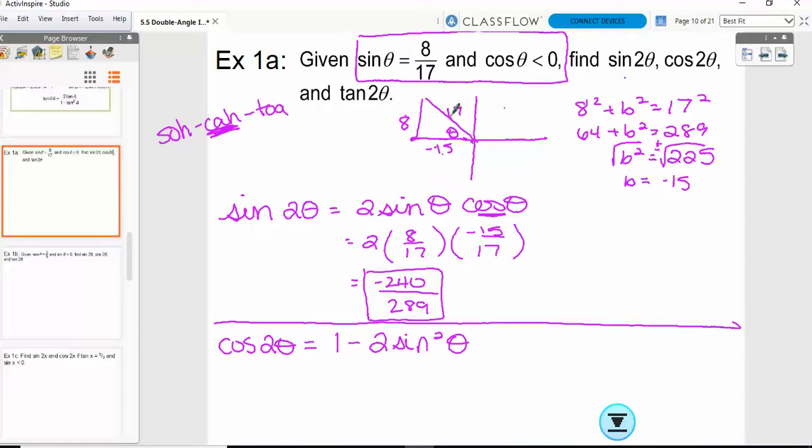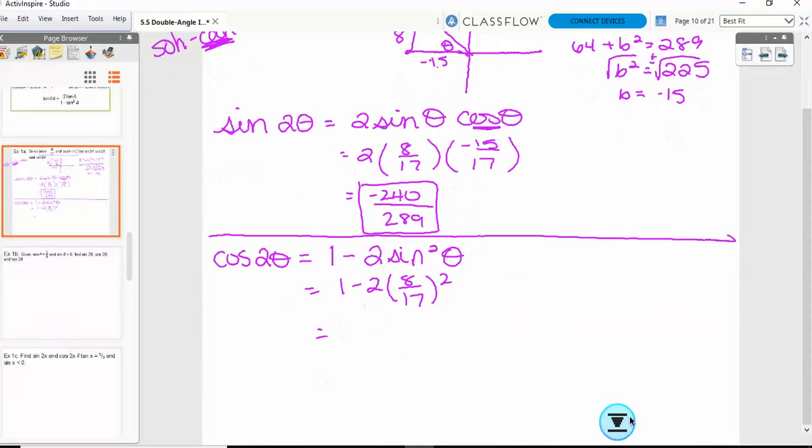Since we already went through all the work of doing the triangle, we could have done any of them. But if I hadn't had to draw my triangle to find my sine 2 theta, this formula would have been definitely the easiest. So 1 minus 2 sine theta, which I told you was 8/17, squared. And so just plug that in. What does that equal?